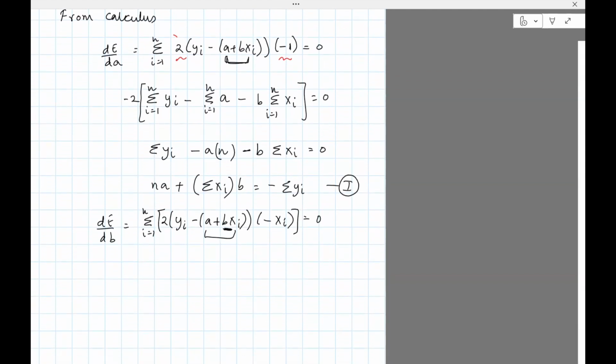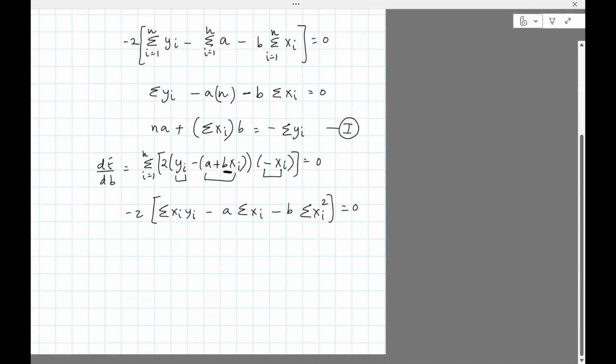Okay, so I'm going to factor out the 2 and the minus, so I'm left with minus 2. And I'm going to pull the summation inside the bracket. Note that this xi is going to be multiplied with this y. So I'll get xi yi minus a summation xi minus b summation xi square equals 0.